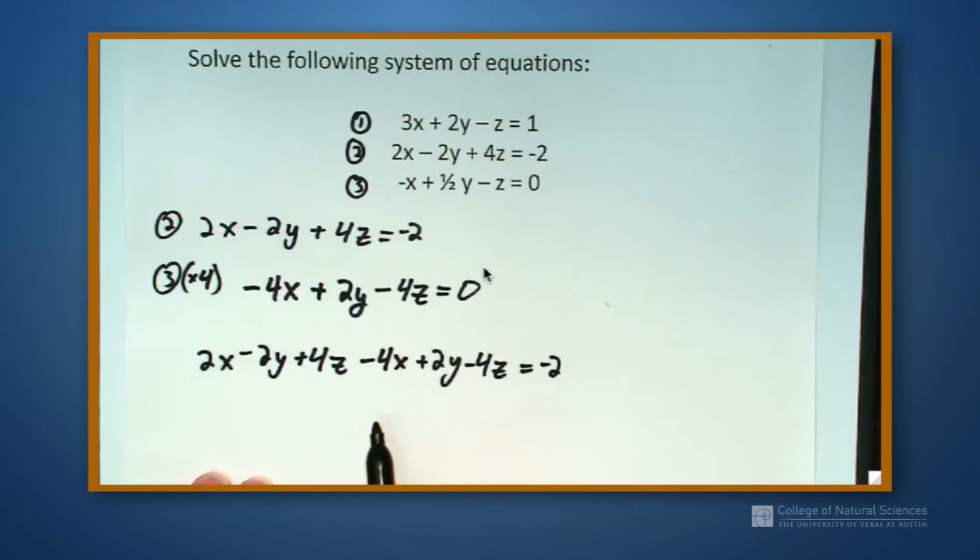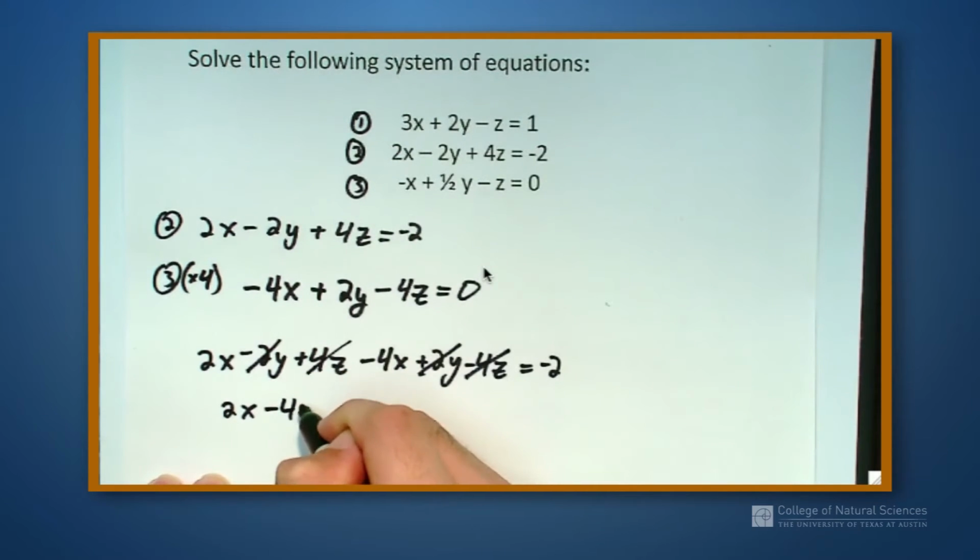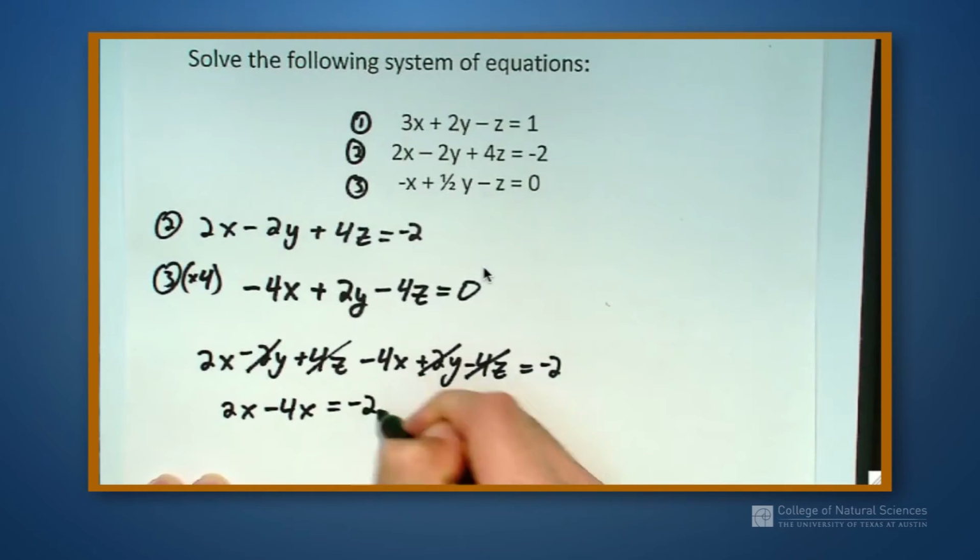When I get to the end here, I start to cancel out. I look at 2y. We'll cancel with the negative 2y. And we get lucky on this one. We see that 4z here will cancel with the minus 4z there. Plus 4, minus 4, it's going to cancel out. So all I'm left with is 2x minus 4x is equal to minus 2.